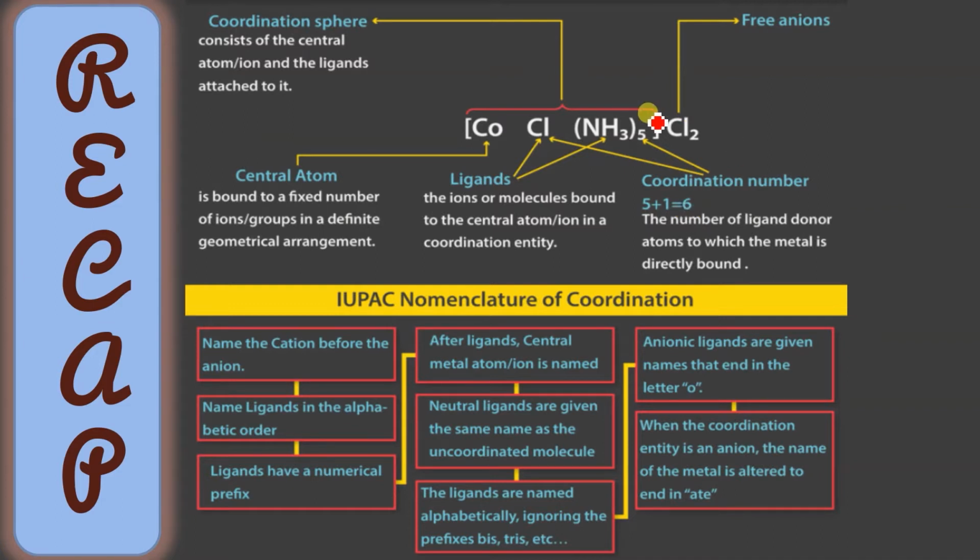The ion which is present outside this big bracket will be called the counter ion, or you can say the free ion. That means this must be an ion. It cannot be a neutral one. So this will be considered as the type of substance.